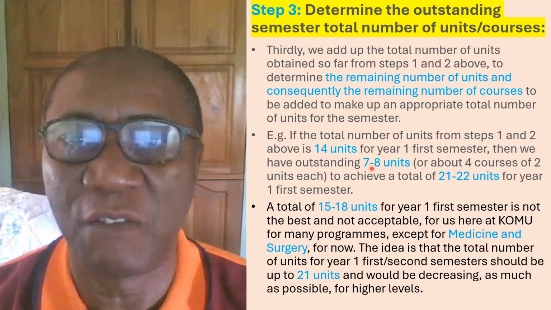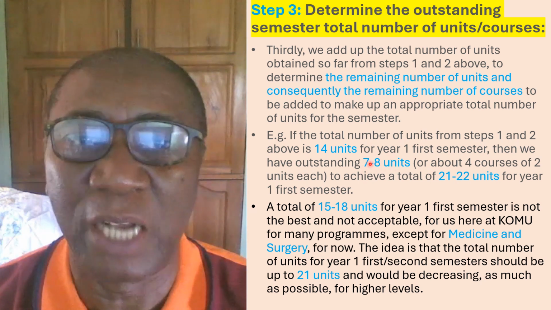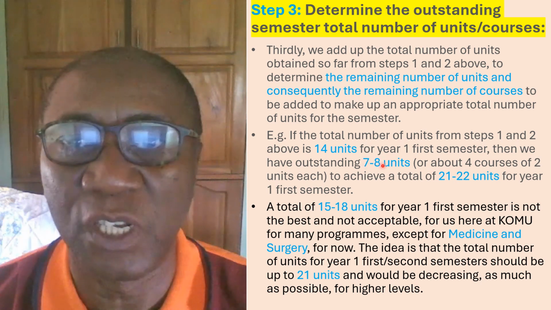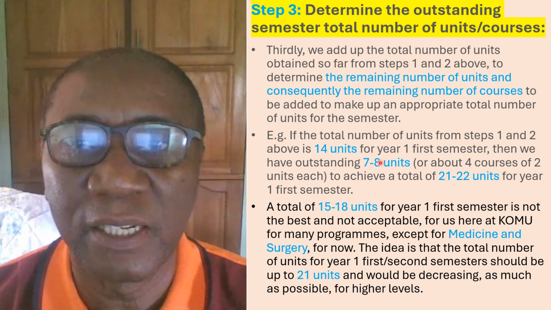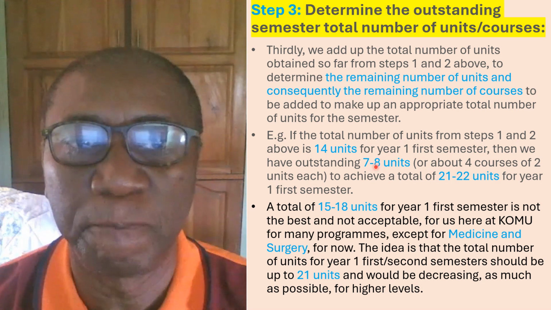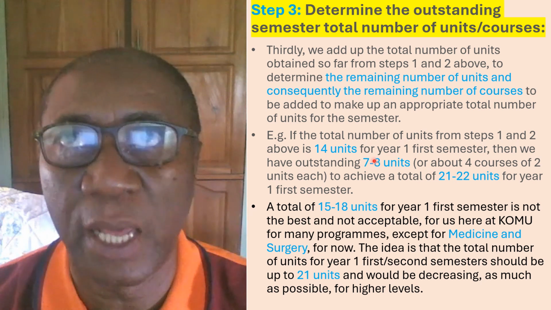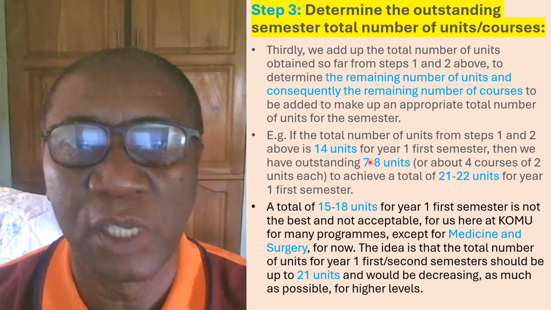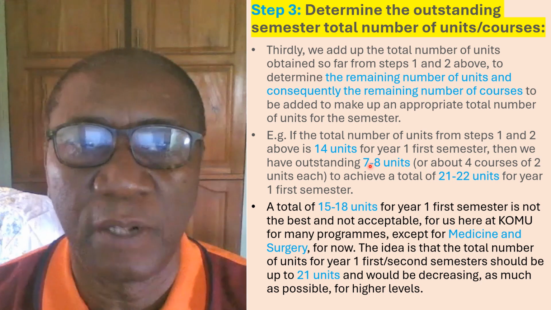For instance, if you have about 7 to 8 units remaining, then it means that you have to add about 3 or 4 courses. If you add 4 courses, each with 2 units, then you have 8 units. Or if you have 3 courses with 2 of them are 3 units, and the third course is 2 units, you can get 8 units, and so on and so forth.